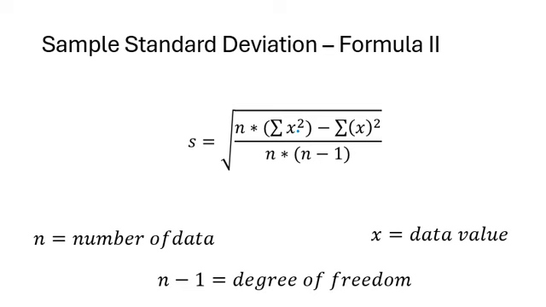So it reduces one calculation: you don't have to calculate the mean before you calculate the sample deviation. You can go straight from all of the data values. All you have to do is take the number of data and calculate the degree of freedom. Then you take your data values, square them and sum them, minus the sum of x, and then you square that.